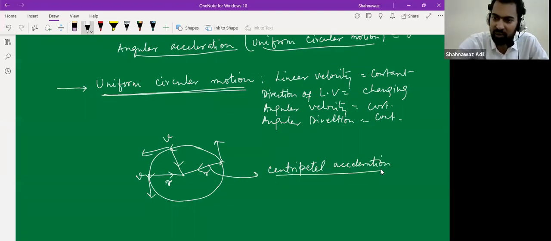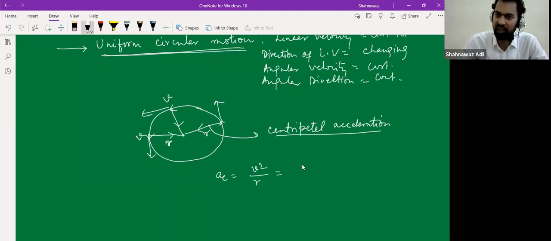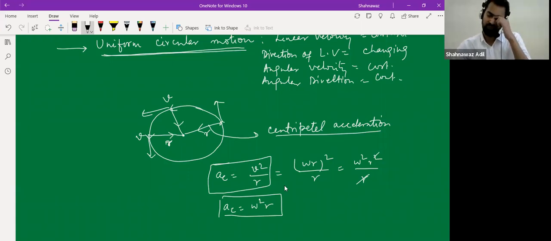And the value of centripetal acceleration is equal to v square by r. You know that v is related with omega as omega r. So this is omega square r square by r, so this is omega square r. Understood?